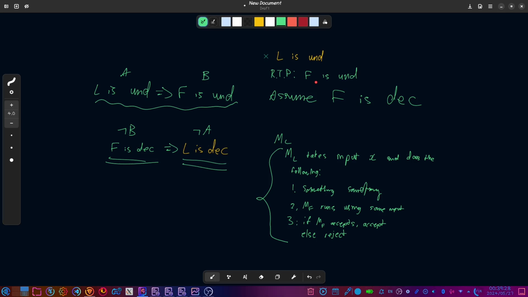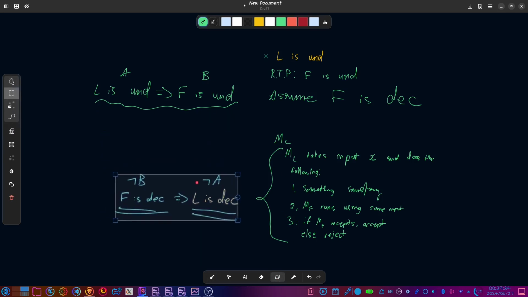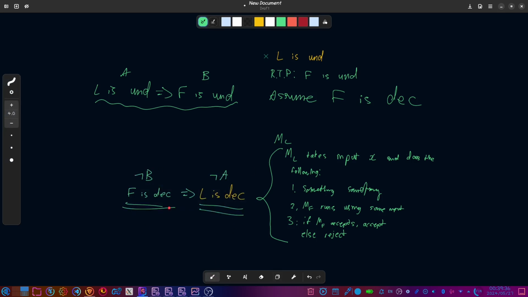If we're just going to recap, this thing here proves this statement here. This is what we're given. We know that this is undecidable, right? And we're trying to show that this is undecidable, and to show that, we show that this relationship holds.